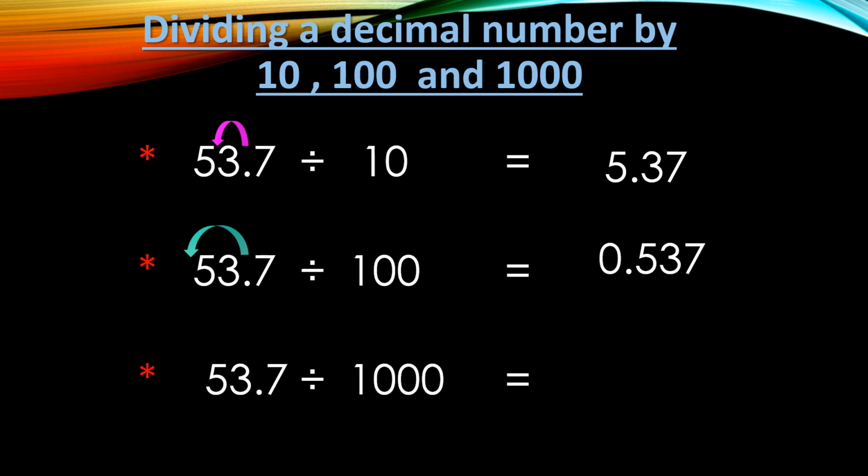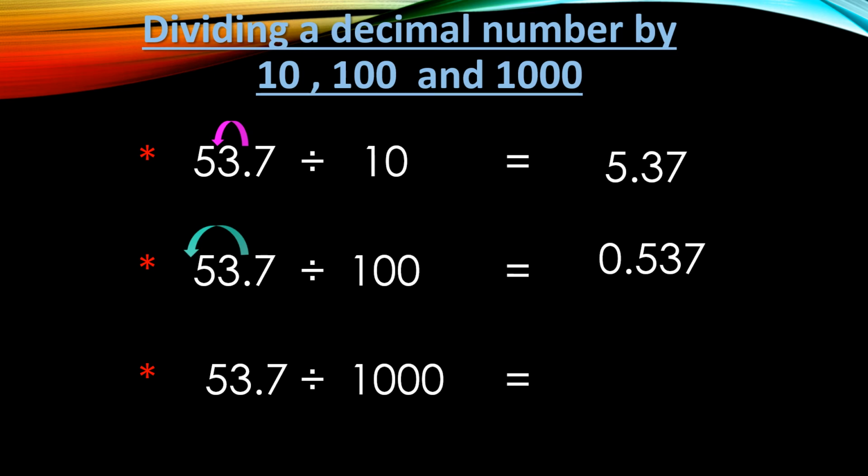Third one, 53.7 divided by 1000. There are 3 zeros, so you have to shift the decimal point 3 places to the left, but there are no 3 places.